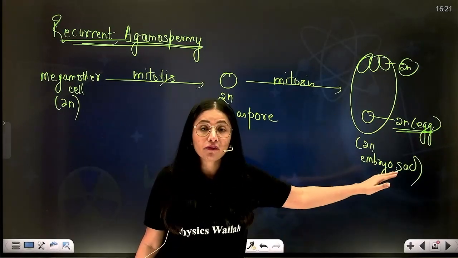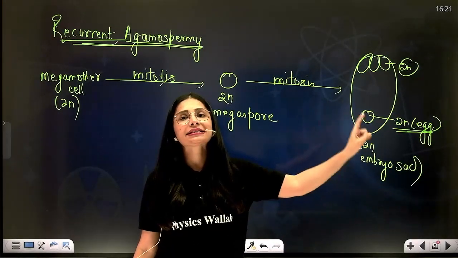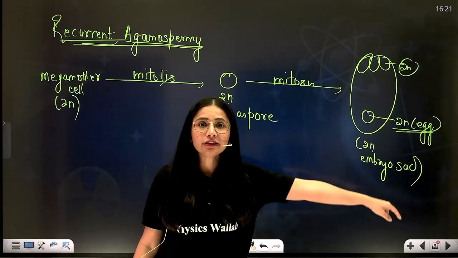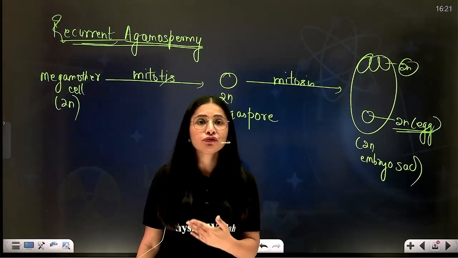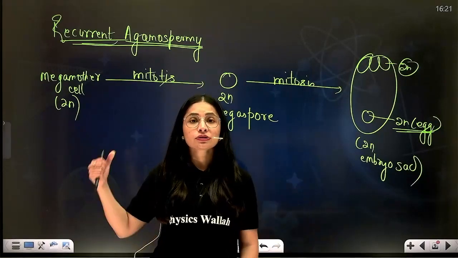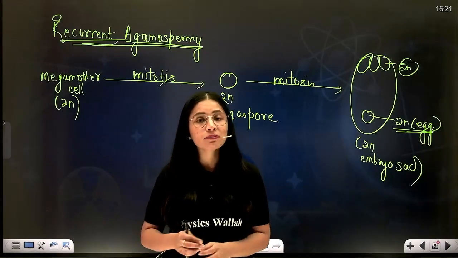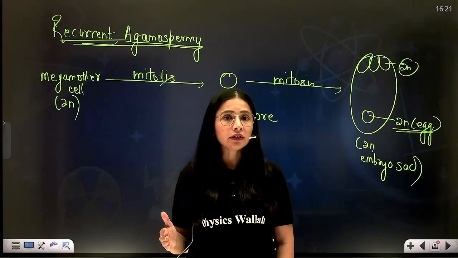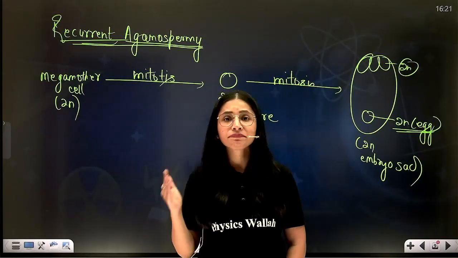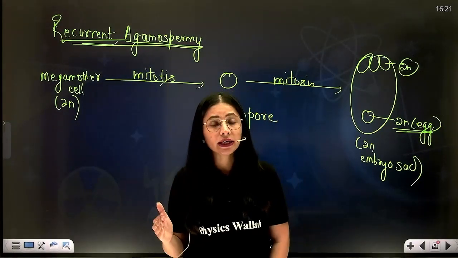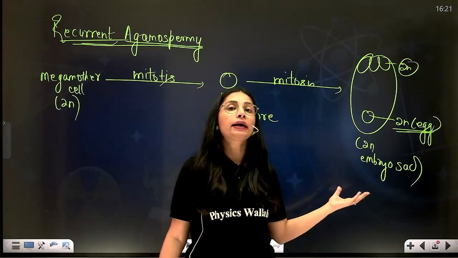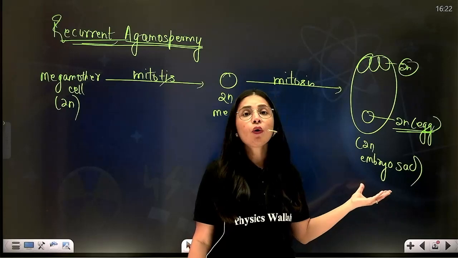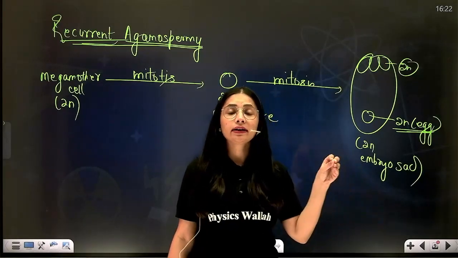It itself can directly behave as a zygote and can lead to the development of an embryo even without fertilization. So in such a case where the megaspore mother cell, instead of undergoing reduction division, undergoes equational cell division, it is going to form a diploid embryo sac, already having a diploid egg.